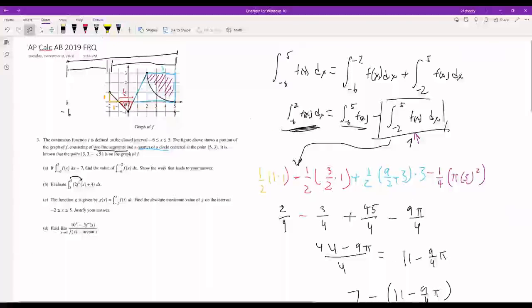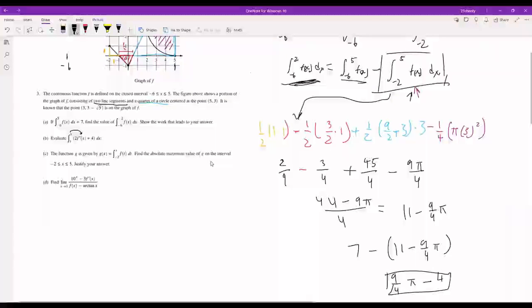Since those are the opposite of each other by the fundamental theorem of calculus, they can cancel out. So we are left with 2 f of x plus 4x, and then the limits of integration.